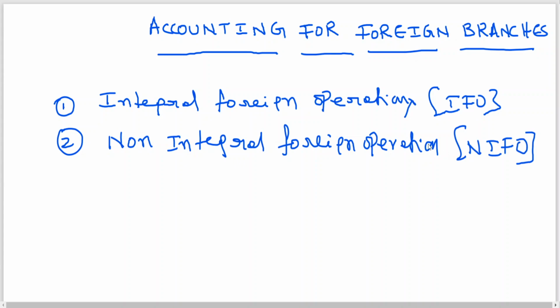Sir, what is an integral foreign operation? A foreign operation, the activities of which are an integral part of those of the reporting enterprise. Reporting enterprise means the head office in India, and the foreign operations are, as I told you, in the USA.